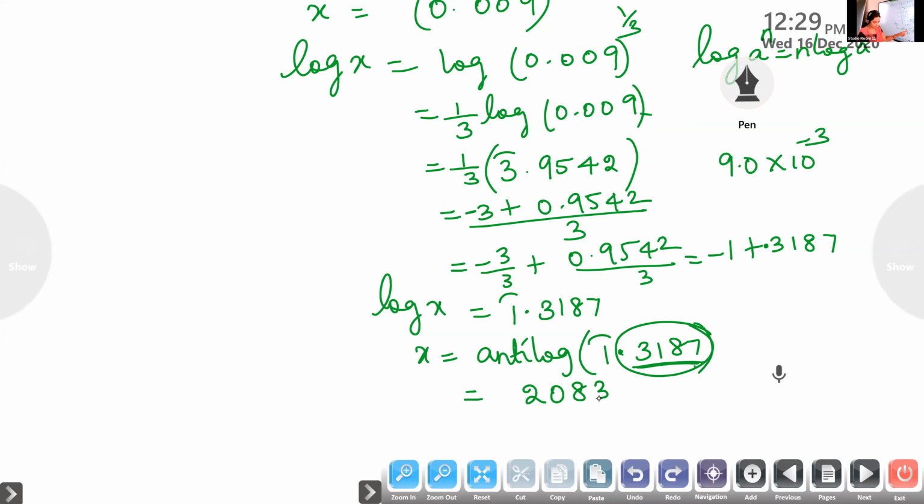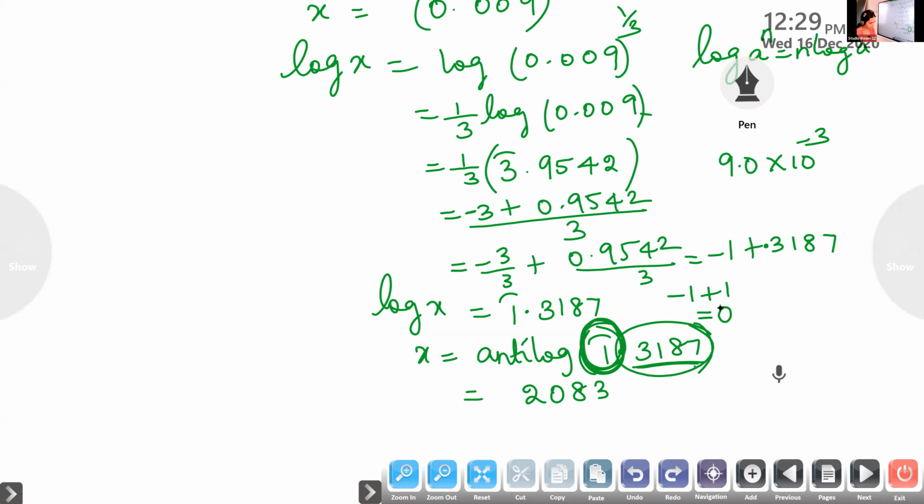Now what is left out? 1 bar. 1 bar means minus 1. What we did while taking antilog, with this characteristic you add 1. So minus 1 plus 1, what will you get? 0.